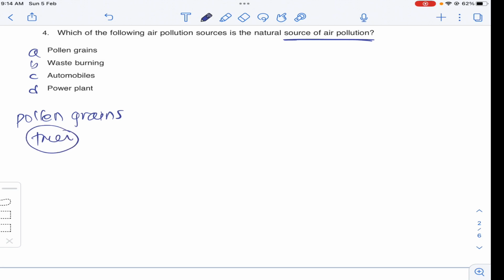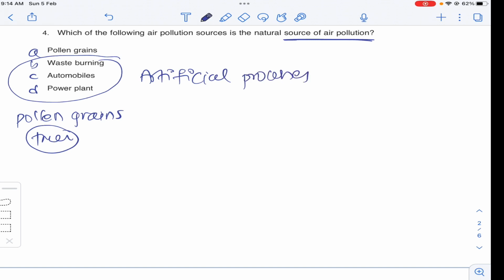And waste burning is an artificial process. Automobiles, it is an artificial process. Power plant, it is also an artificial process. These are all not natural, artificial processes. And pollen grains is a natural process of air pollution. So answer A for question number 4.